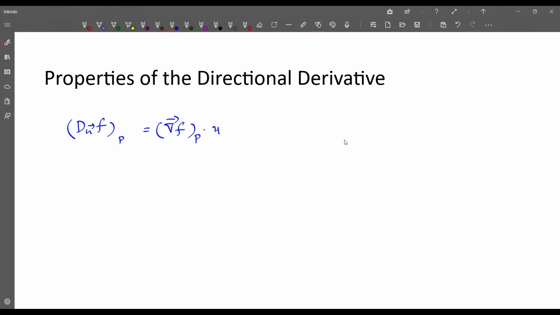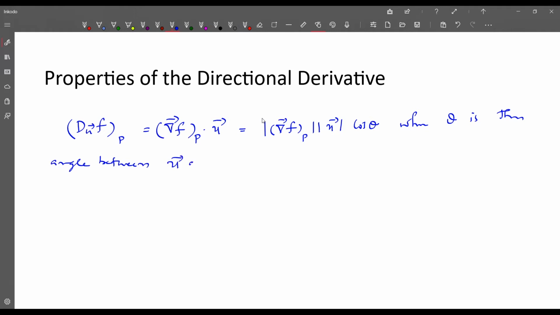So this is equal to modulus of del f at p into modulus of u into cos theta, where theta is the angle between u and del f at p.